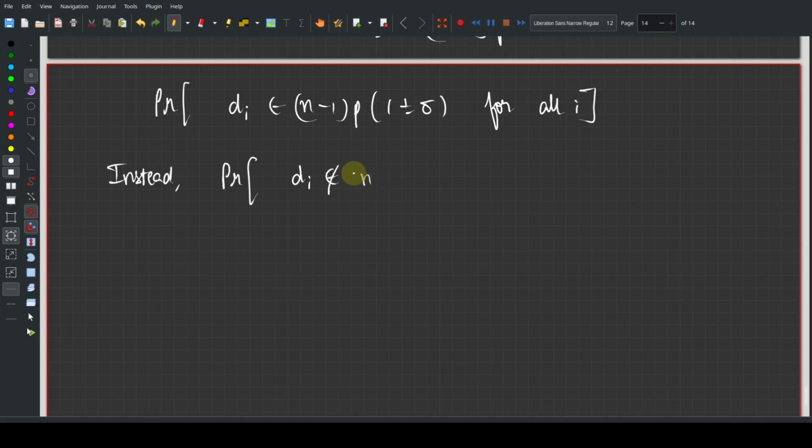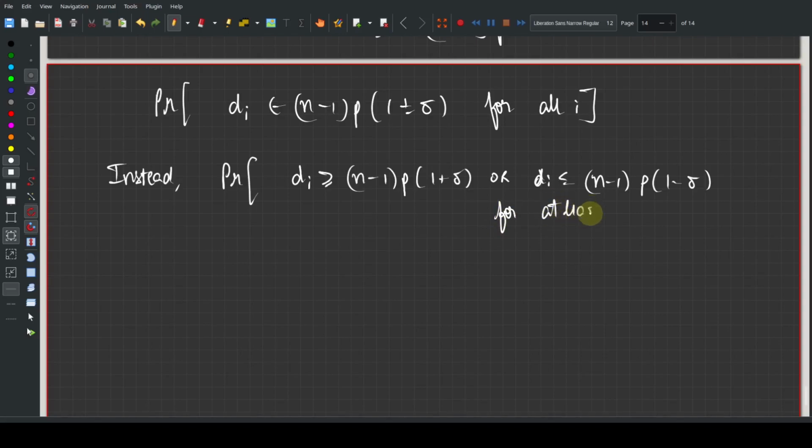So it's either greater than or equal to (n-1)p(1+delta), or d_i is less than or equal to (n-1)p(1-delta), for at least one i. Correct? So this is the bad event.